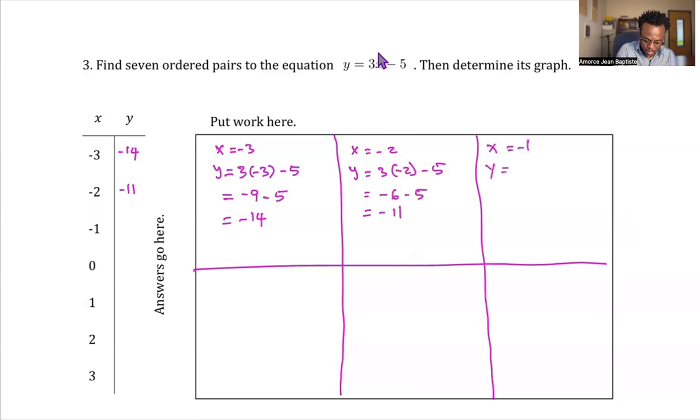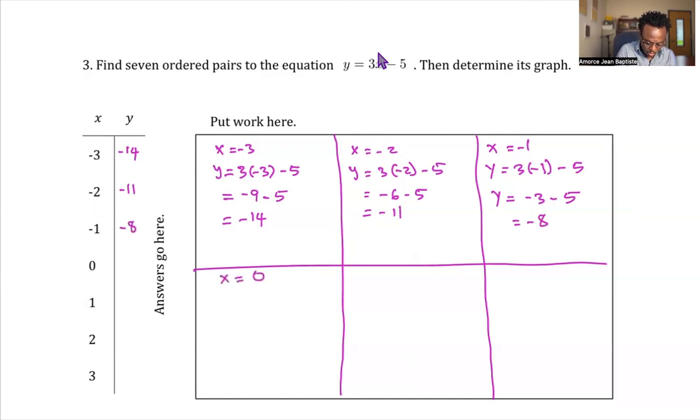Y is 3 times -1 minus 5. So that's y equals -3 minus 5, -8.